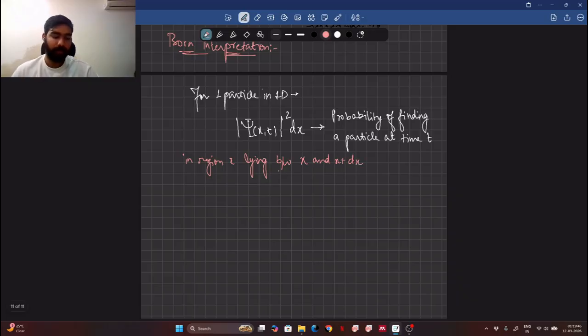The square of the wave function alone represents the probability density.